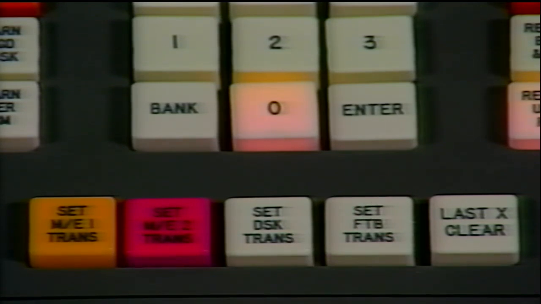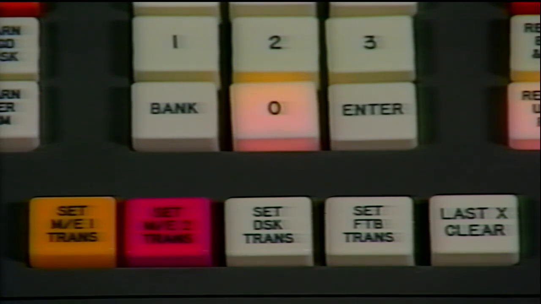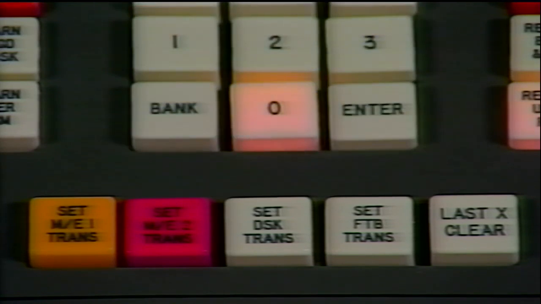The Last X Clear push button has 2 separate functions. If the Model 200 is in a recall state, which means no Learn or Set Trans push buttons have been selected, pressing Last X Clear will return the switcher to the state prior to the last recall.